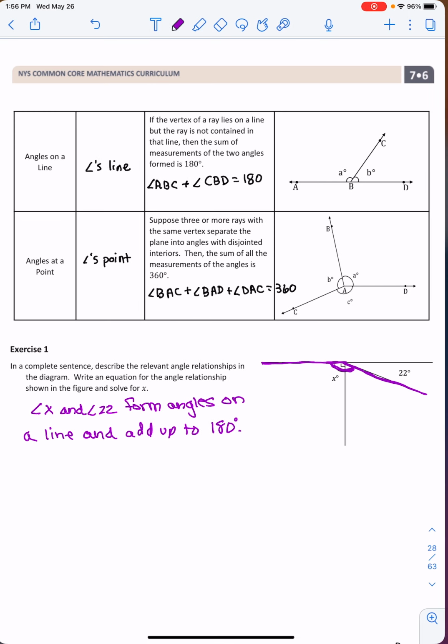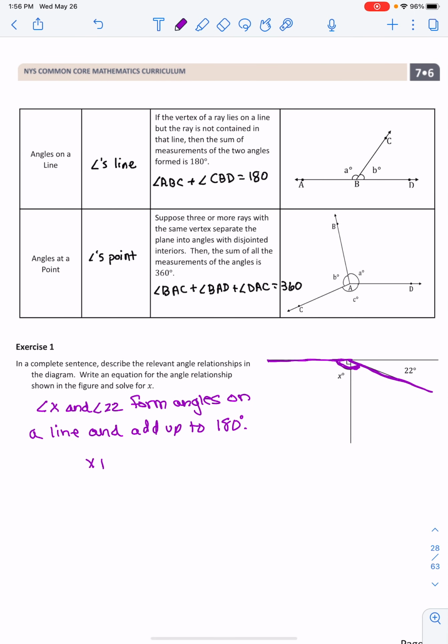So now we have x plus 22 equals 180 degrees. Now we're going to subtract 22 from both sides. So x is going to equal 158 degrees.